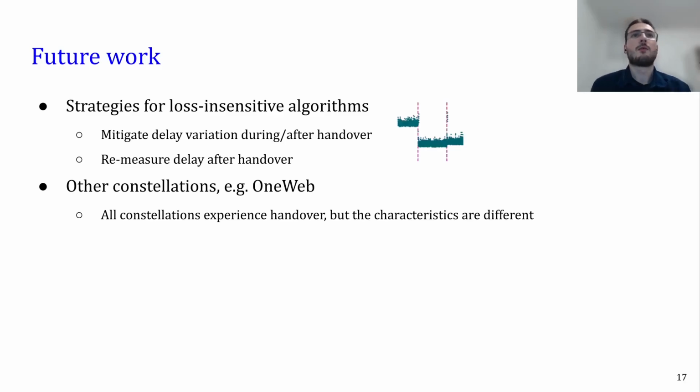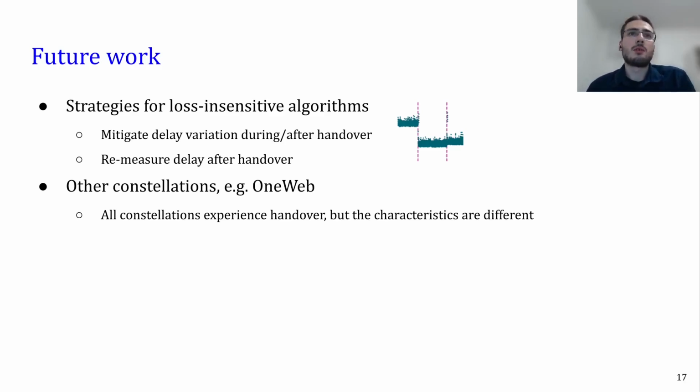In this work, we have presented strategies that work with loss-sensitive algorithms primarily. However, strategies for loss-insensitive algorithms are important as well. We need to somehow mitigate delay variation during and after handover.